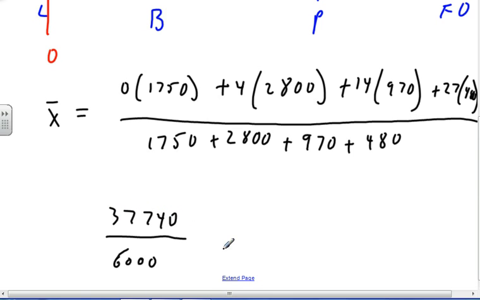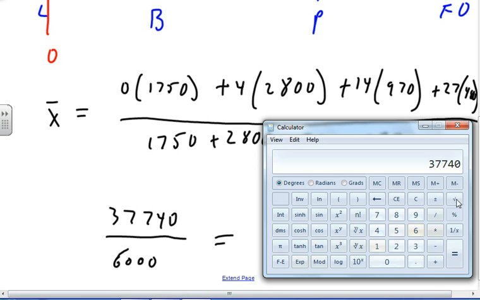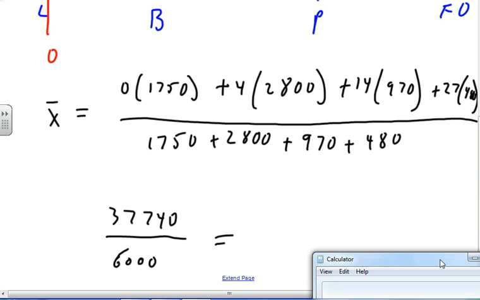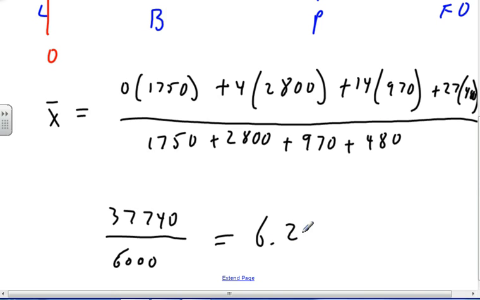That's 37740. And I'm going to divide that by 6,000. 6.29 miles. 6.29 miles from Louisville. Is it Louisville? Leadville.